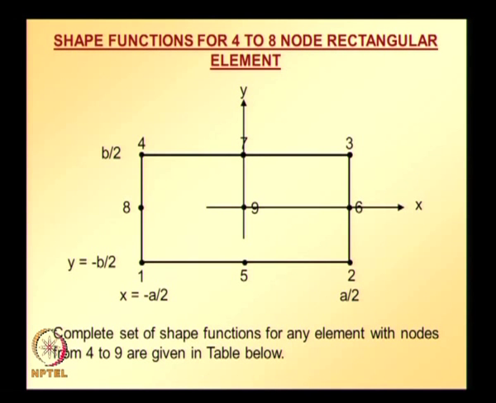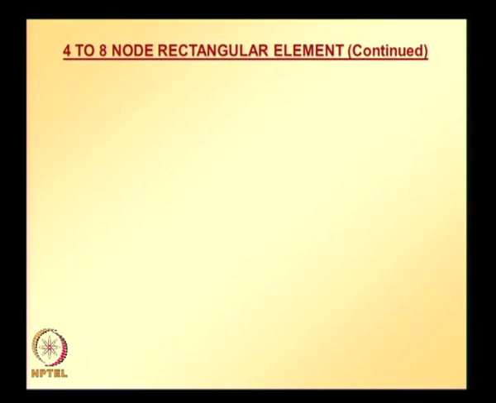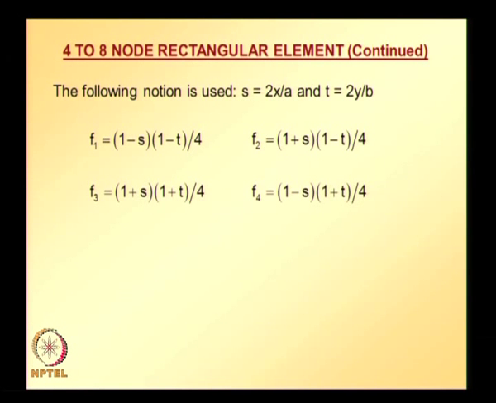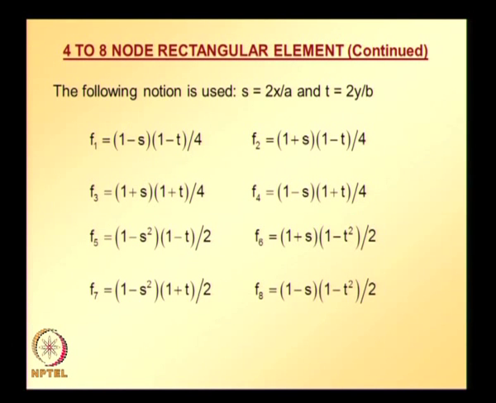So the complete set of shape functions for any element with nodes from 4 to 9 is given in the table below, and the following notation is used for the expressions given in the table. S is defined the way it was done earlier, S is equal to 2x over A, T is equal to 2y over B, and F1, F2, F3, F4, F5, F6, F7, F8 and F9 are defined like this.